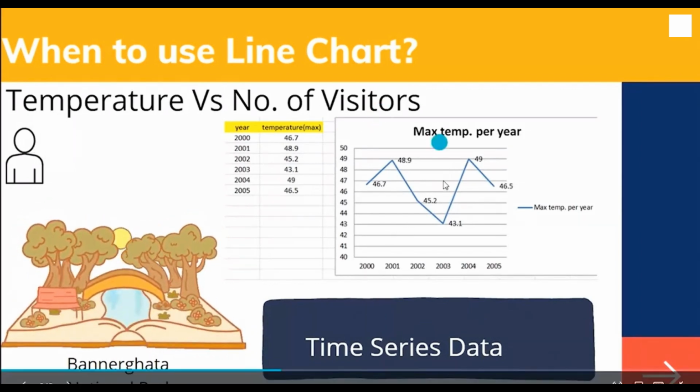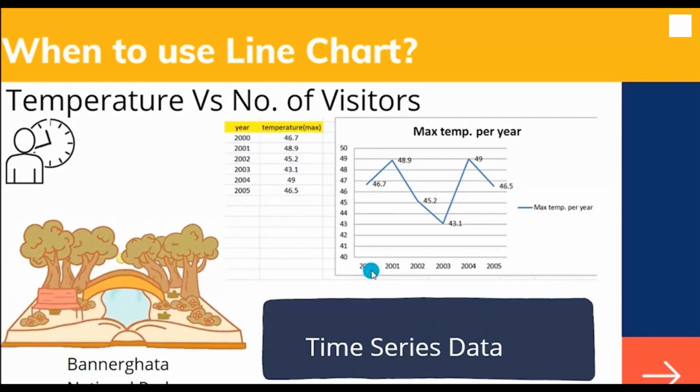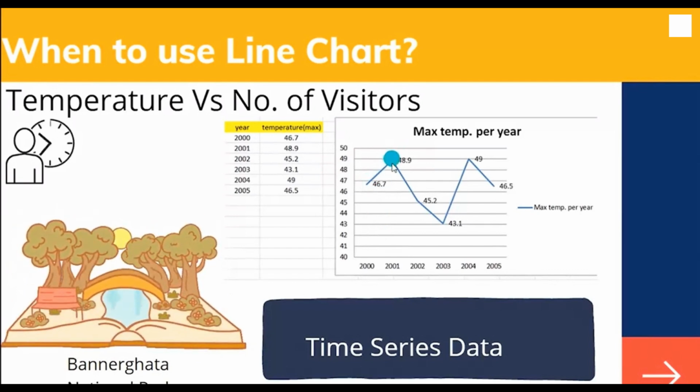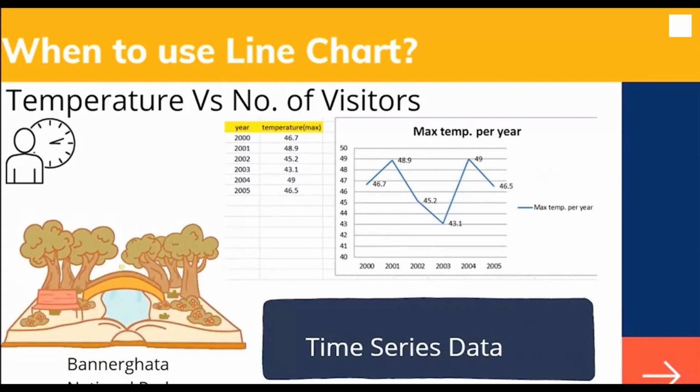I hope you understood what I'm speaking about. So this is what I'm talking about, a pair of values. For example, 2000, and the value it is coming is 46.7. This pair of values will occupy a point here. And when you try to join every point which has been plotted, then you are going to get a line. Okay, so this is what you call a line chart.